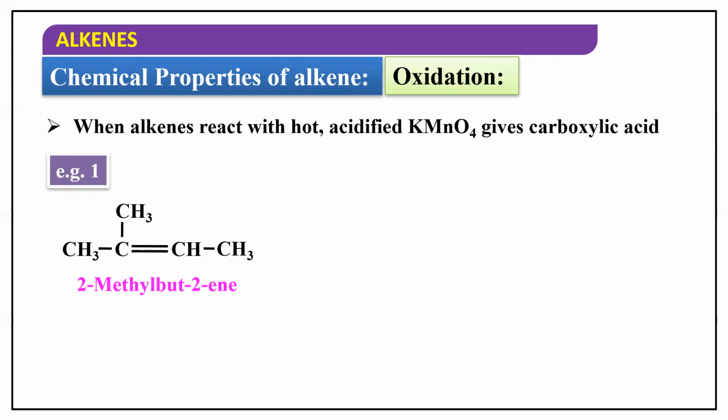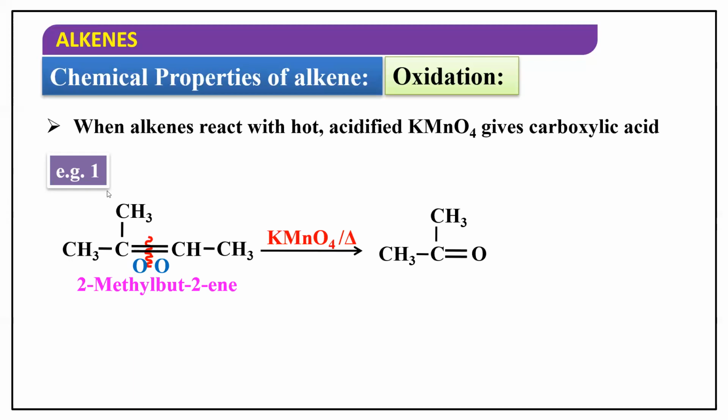Let's have a look at the example. This is 2-methyl-butene. This is your starting compound. This is made to react with KMnO4 in the presence of heat. So what do you think will happen? The bond will break across the double bond, giving us CH3COCH3.